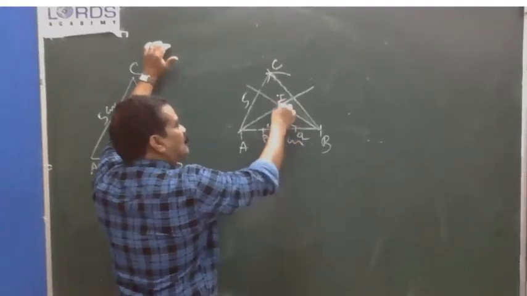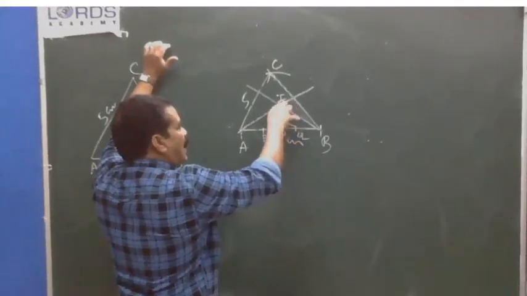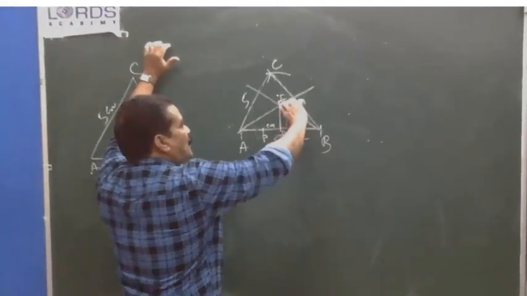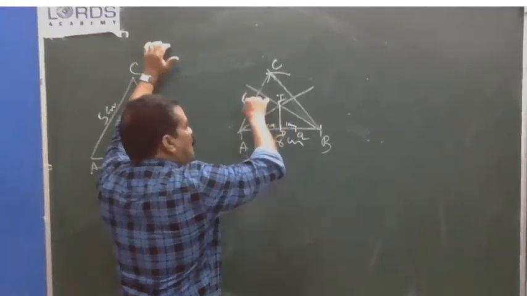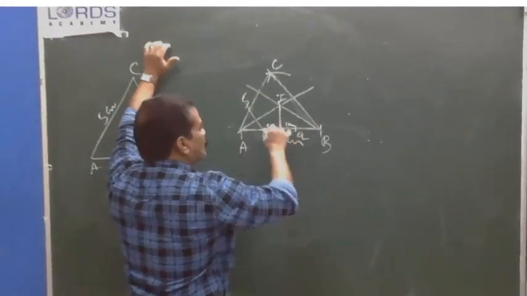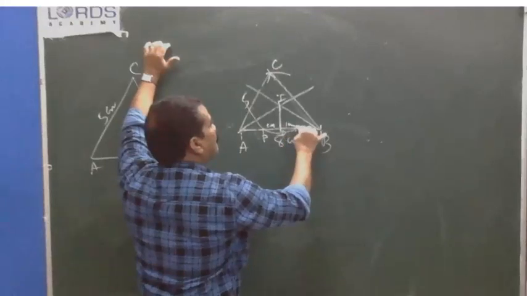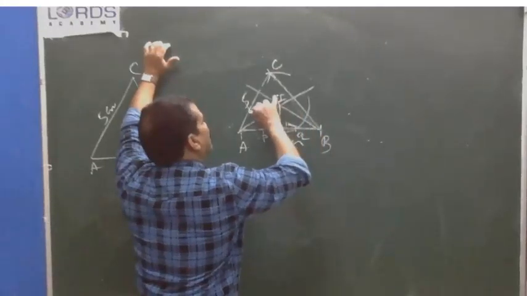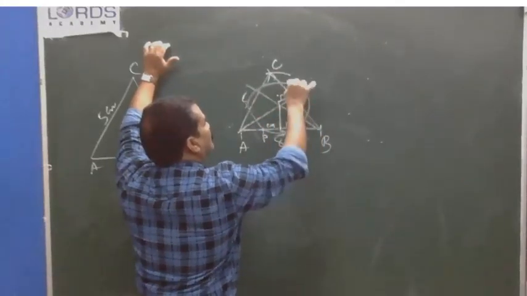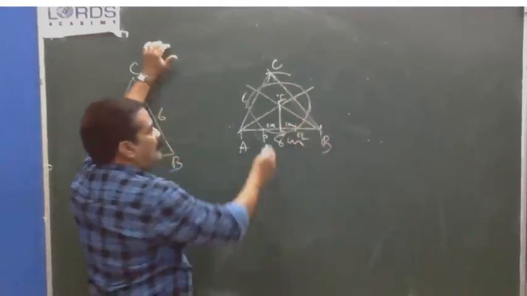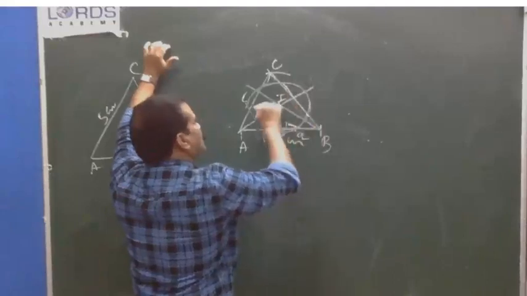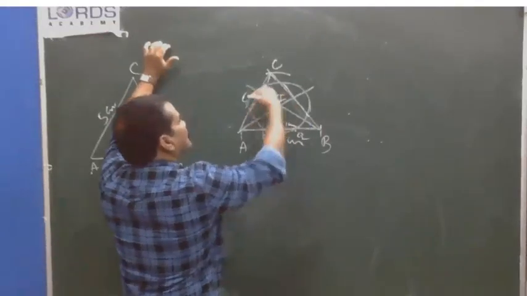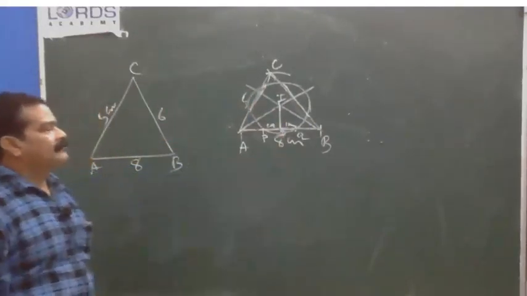Then you take IP or IQ as a radius and draw a circle. That circle will go like that. This chord is 2 centimeter, this chord will be 2 centimeter, this chord will be 2 centimeter. You will get that when you draw it.